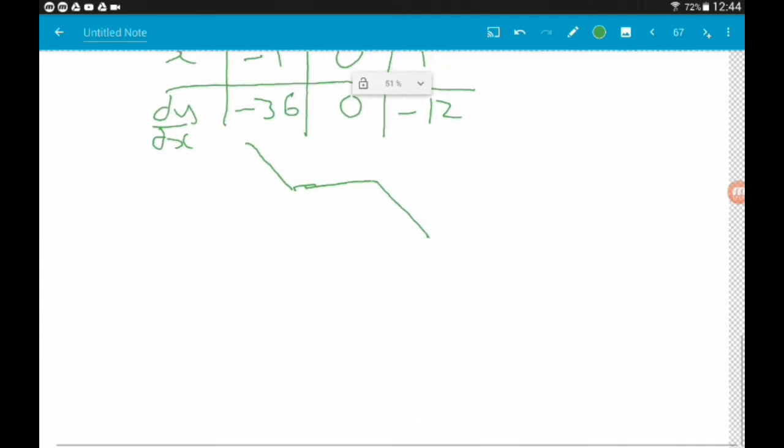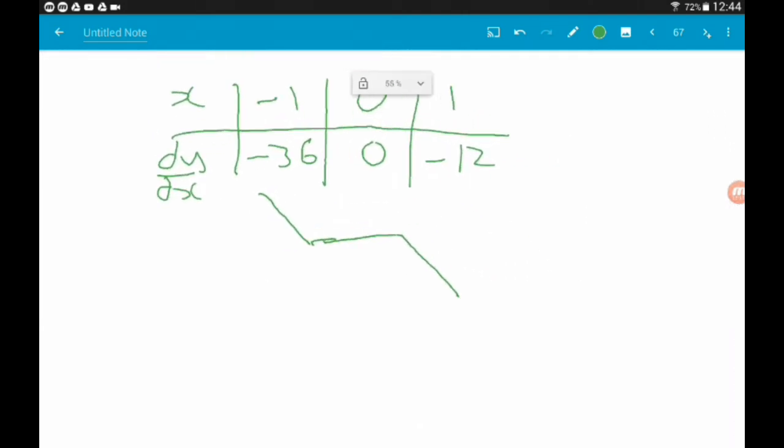So this tells us that this stationary point is a point of inflection, because the gradient is of the same nature either side of the stationary point, so it's negative on both sides.